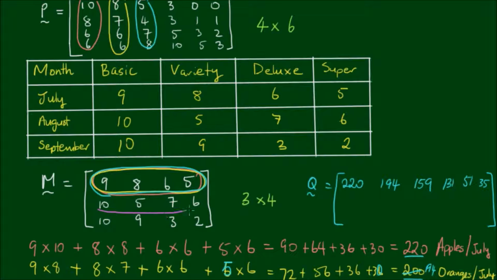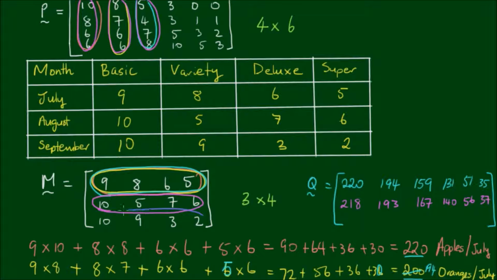Now if we take the product of the second row of the M matrix by the columns of the P matrix, we'll get the quantities of all the fruits for the month of August. So we sold 218 apples, 193 oranges, 167 bananas, 140 peaches, 56 mangoes, and 37 pineapples.